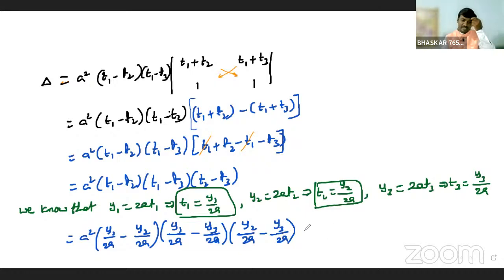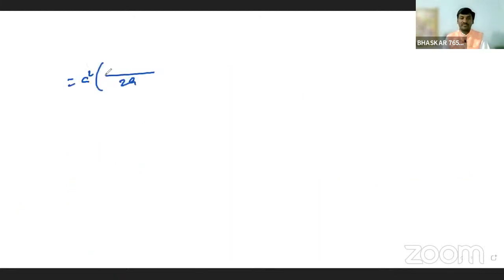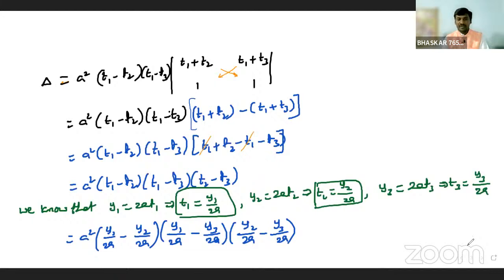Take LCM here. Outside, a square as it is. In the remaining terms, 2a is the LCM. Both the denominators have 2a, so we get y1 minus y2, and after that, also 2a, we get y1 minus y3.